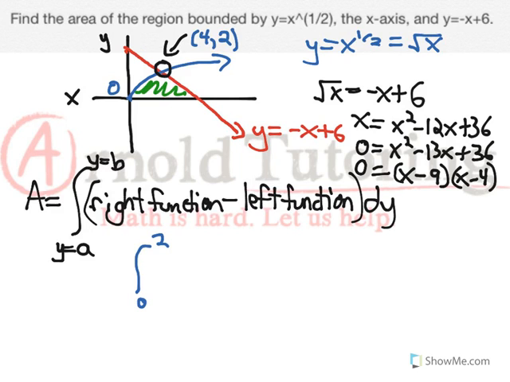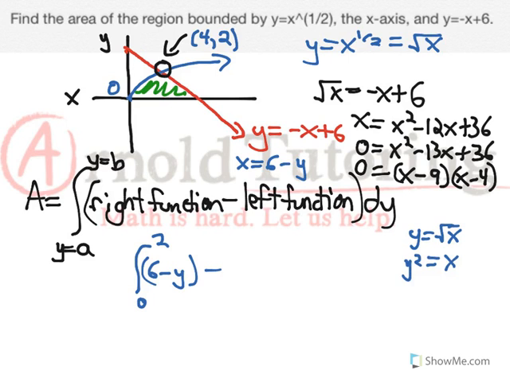Instead of y equals negative x plus 6, I get x on its own: x equals 6 minus y. So 6 minus y is the right function, minus the left function. For y equals root x, I get x on its own: y squared equals x. So minus y squared, dy.